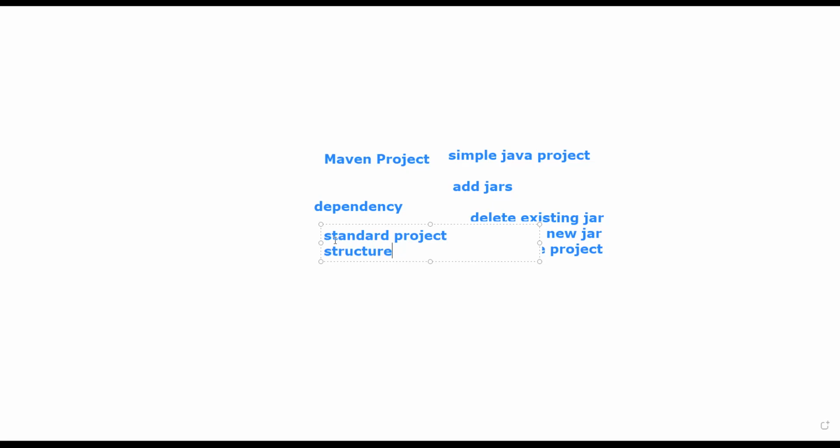And then there is a different folder for testers, and they write their code in that, and they keep their resources there. Okay, so it's a fine segregation between where testers will write their code and where developers will write their code. So these are the two major advantages of using Maven project.